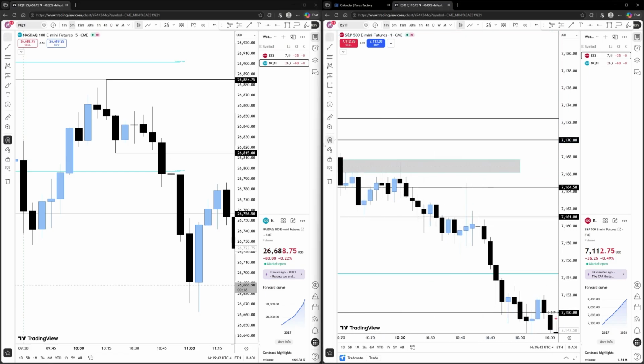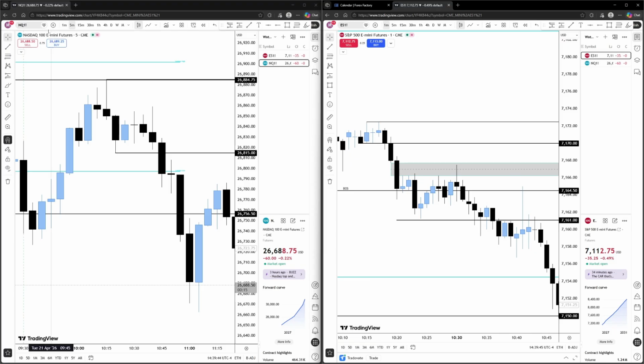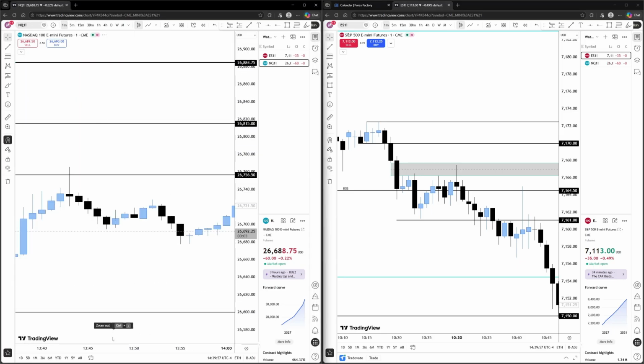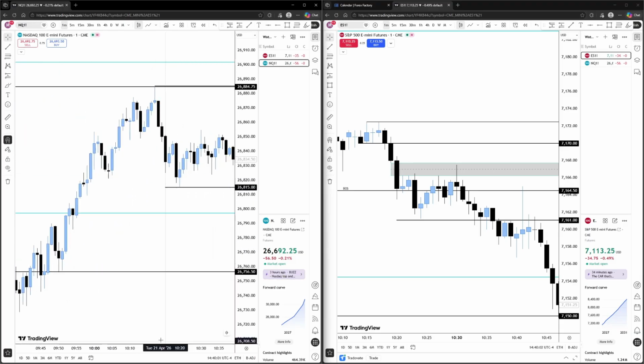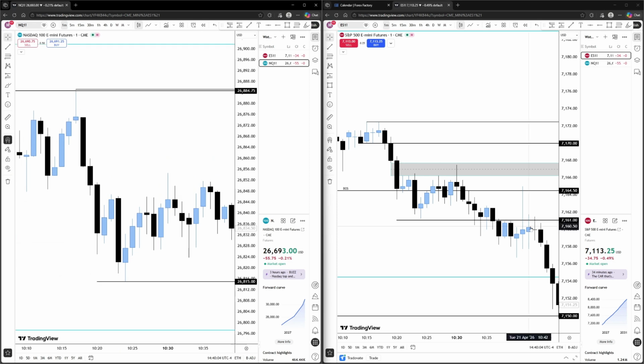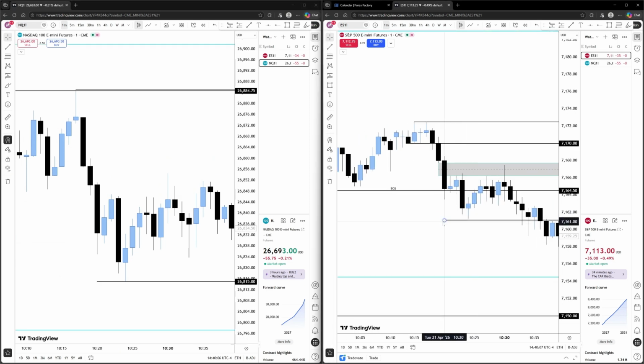It was too late. That's what we were worried about. So this was the break of structure for ES, and NQ didn't break structure till 10:45. So that was something to wait on. This was what NQ was doing while this was doing what it was doing.